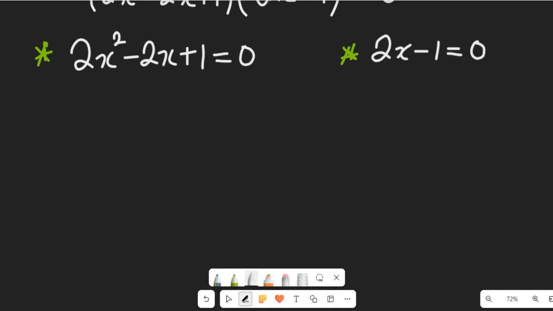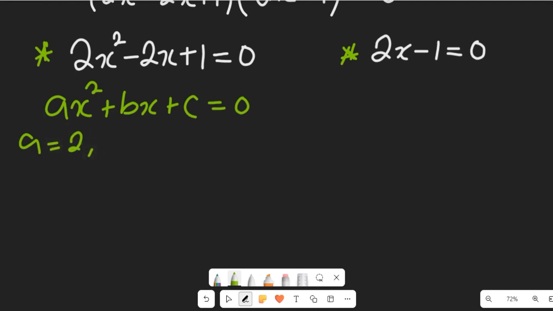Now let's start with the quadratic equation. With the quadratic equation, we're going to solve using the quadratic formula. Note that this expression is just like ax squared plus bx plus c equal to 0. So from this expression, a is equal to 2, b is equal to negative 2, and c is equal to 1.